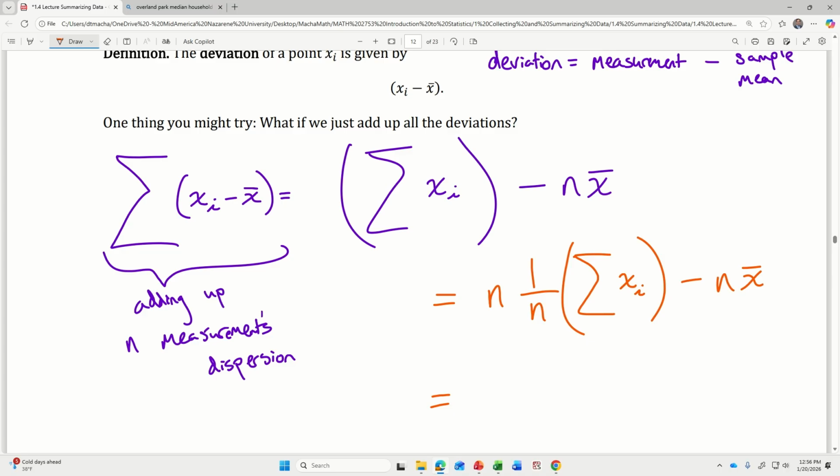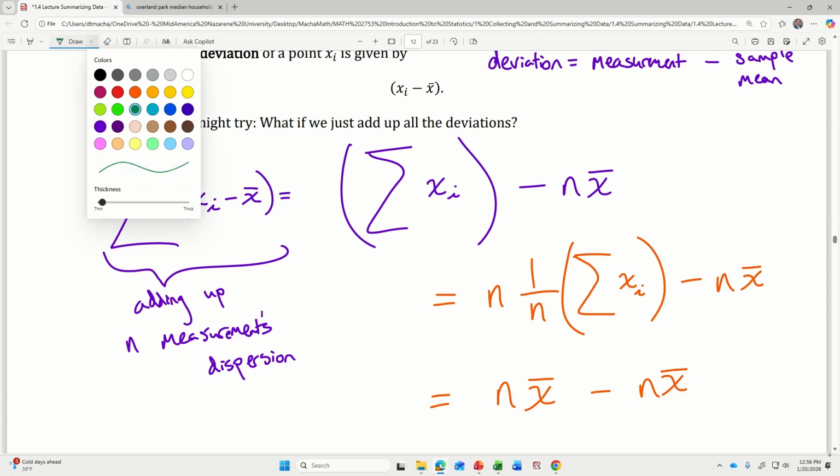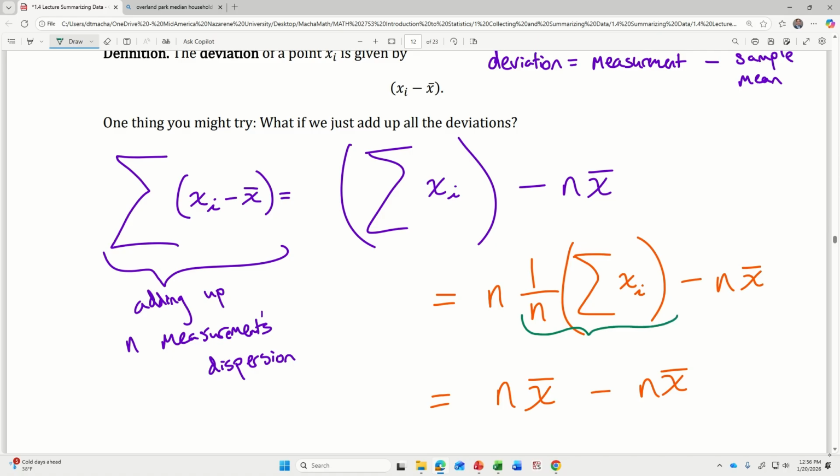But what is the sum of all the measurements divided by n? That's the mean. Let me draw your attention to that. This right here, when I add up all the measurements and divide by n, that's the same thing as the sample mean.